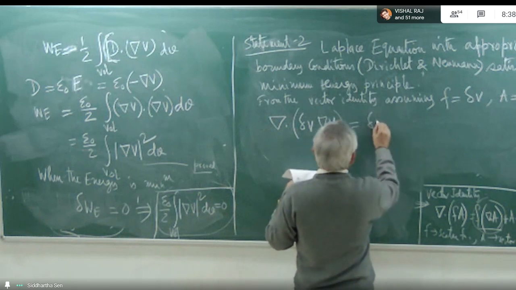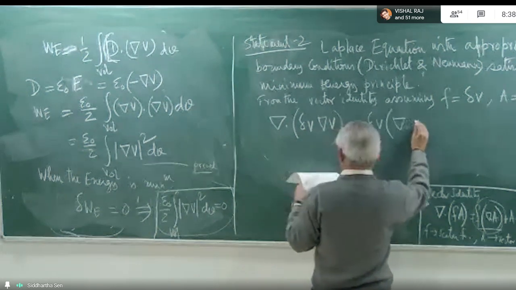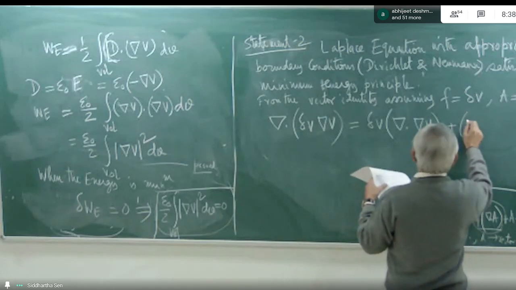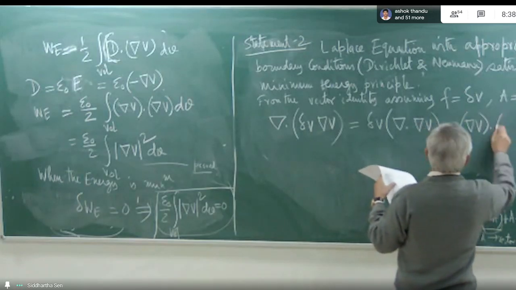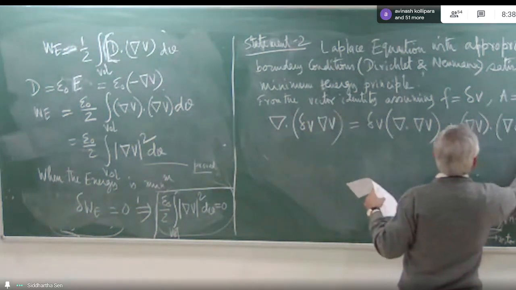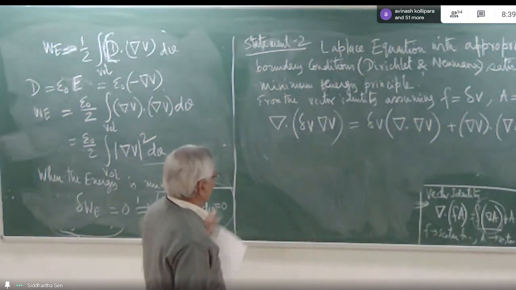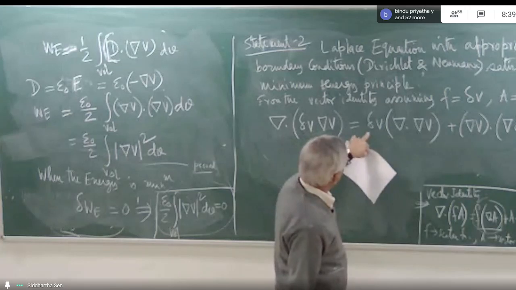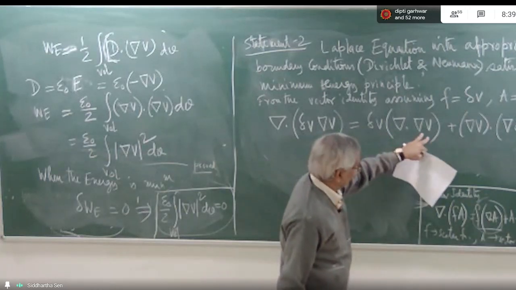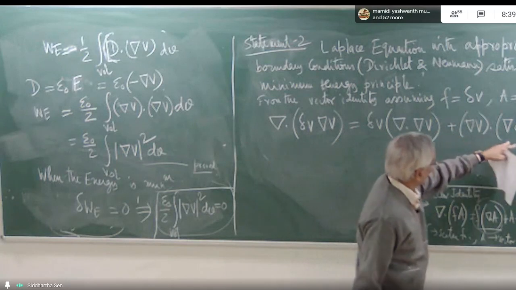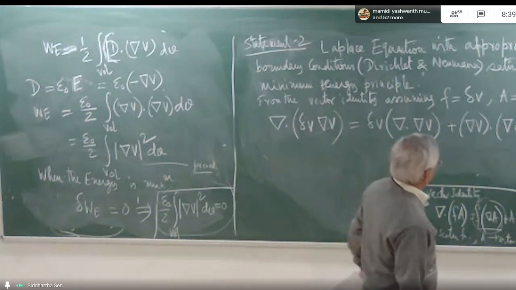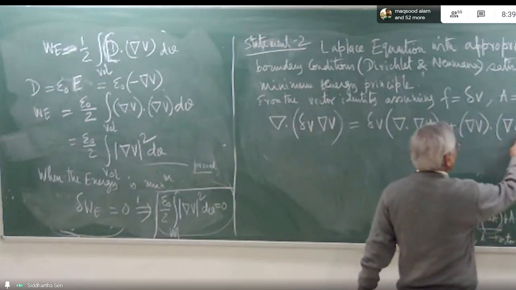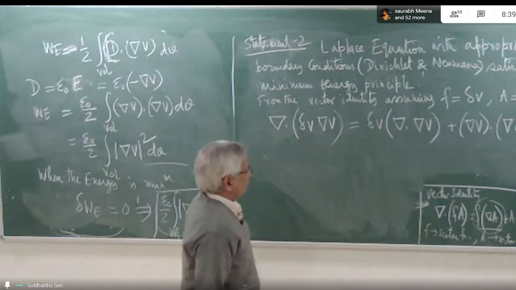In that case I can write nabla dot (delta v nabla v) is equal to delta v into nabla dot nabla v, plus nabla v dot nabla of delta v. Please check it. Here f means delta v, into nabla dot nabla v, plus nabla v dot nabla f, which means nabla of delta v. Accepted?